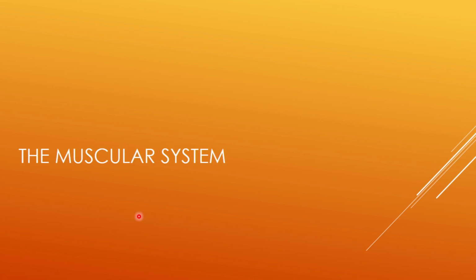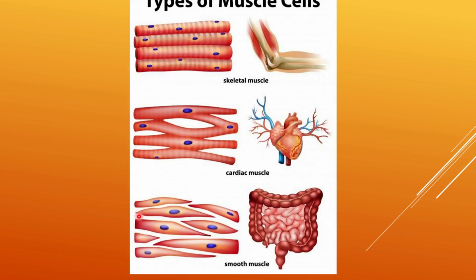So we're now going to take a quick look at the muscular system, and then we can call it a day. I'm sure you're all thrilled that we're nearly at the end. We have 3 types of muscle. There are different muscle cells, and we have 3 types of them that make up 3 different types of muscle.